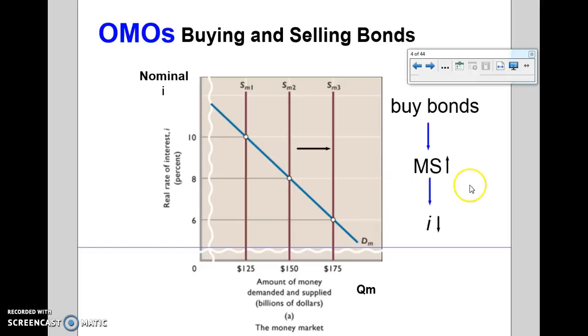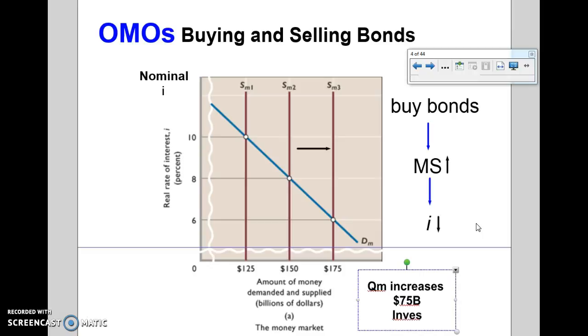And so what the money supply going up will then do is the interest rate will drop, and so the quantity of money then increases by 75 billion. And what then will happen is, since the interest rate will decrease, investment will increase.